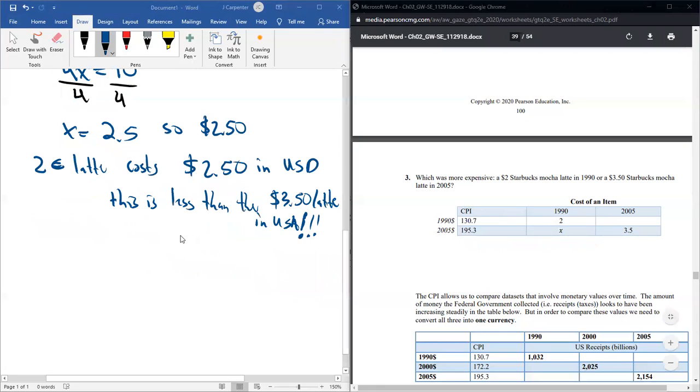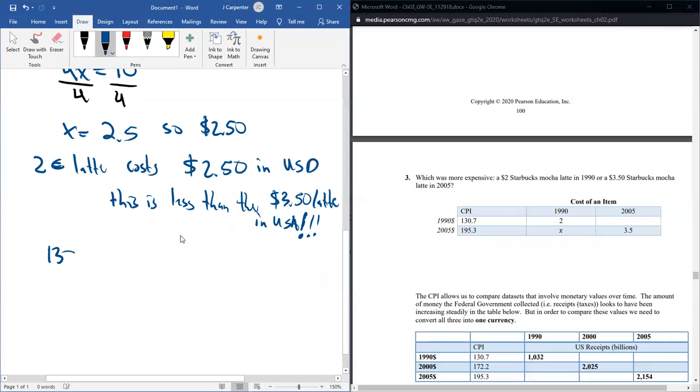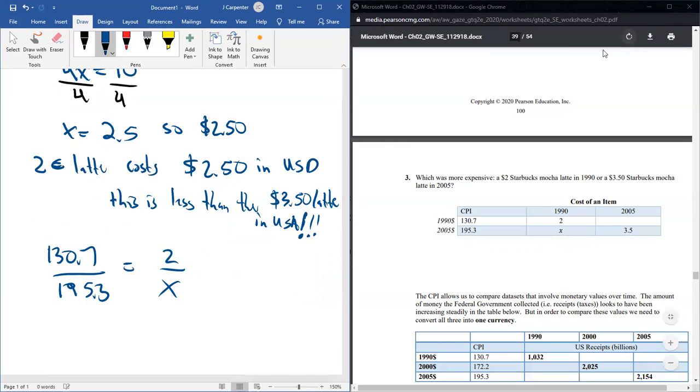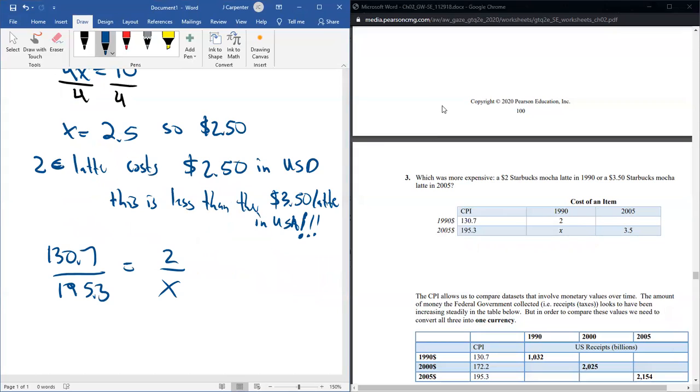So we're taking the 130.7 over the 195.3 equals 2 over x. Now, remember, I don't have to set up the proportion this way.